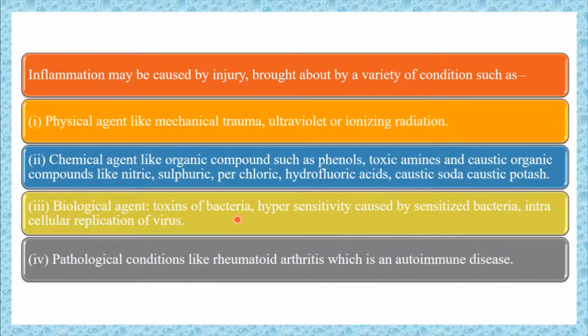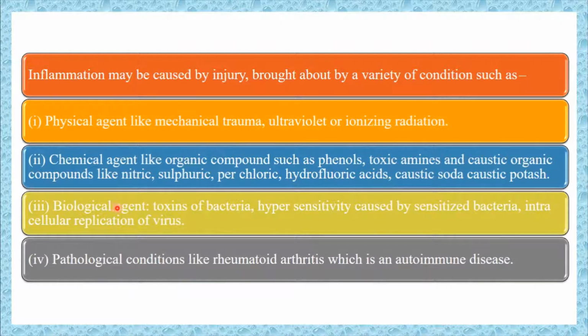which cause the inflammation. The inflammation may be caused by injury, or brought about by a variety of conditions such as physical agent like mechanical trauma, ultraviolet and ionizing radiation, chemical agent like organic compound such as phenol, toxic amine and caustic soda, caustic organic compound like nitric acid, sulfuric acid, perchloric acid, caustic soda and caustic potash.